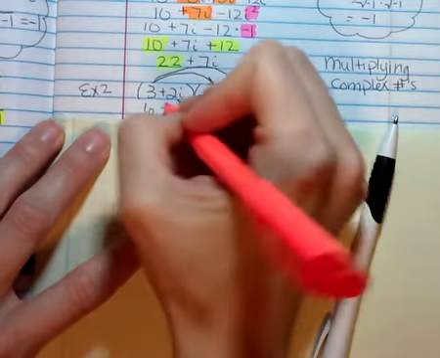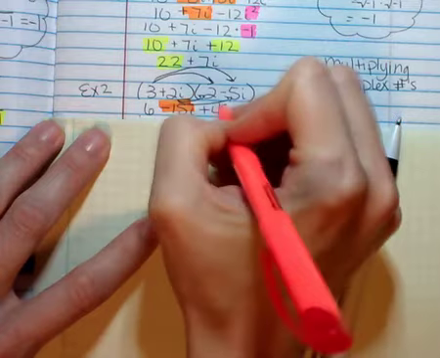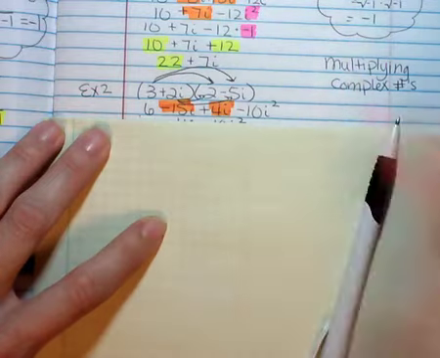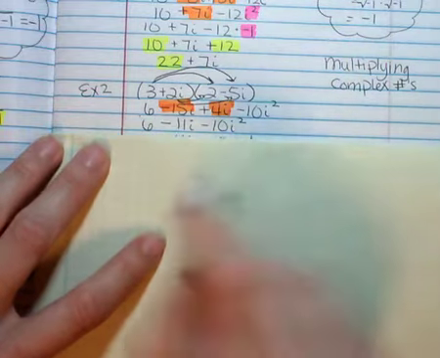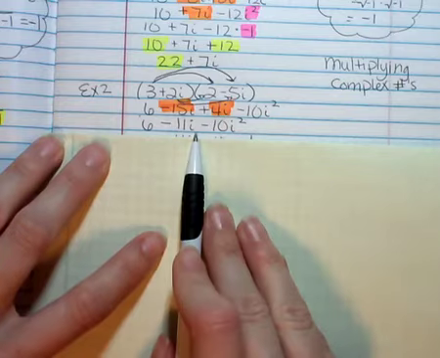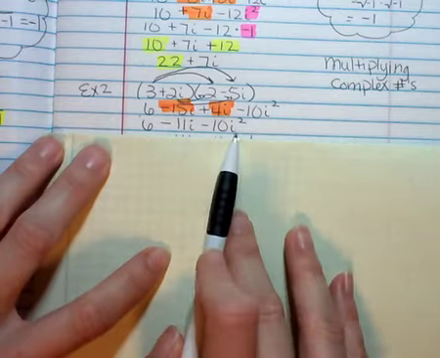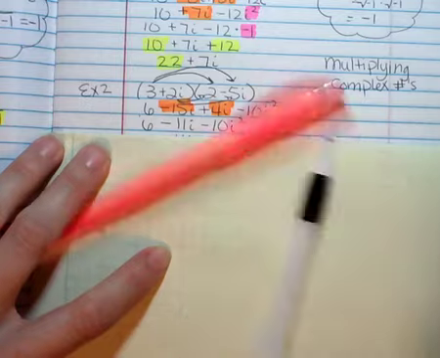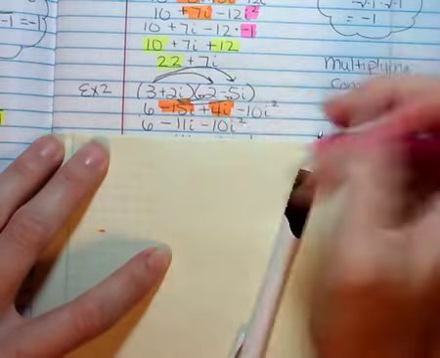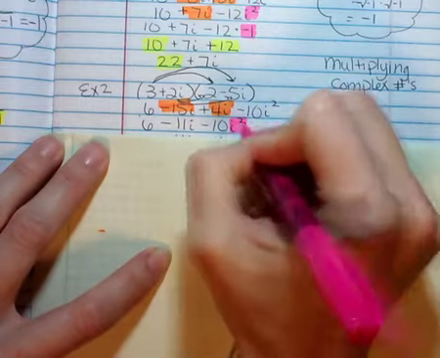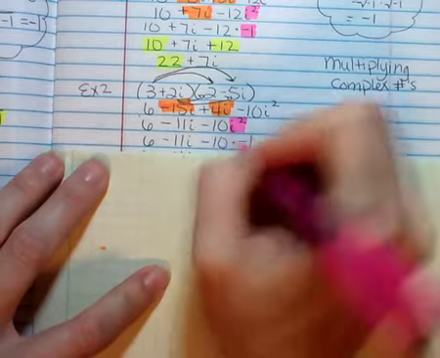So again, we have these imaginary terms that we can combine together. Negative 15i and positive 4i give us a total of negative 11i. And we're going to bring down our 6 and bring down the negative 10i squared. And i squared can simplify to negative 1.